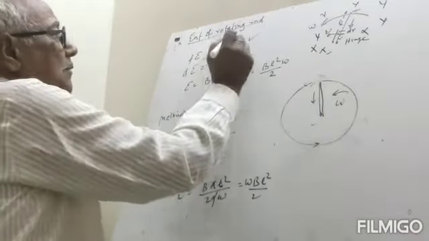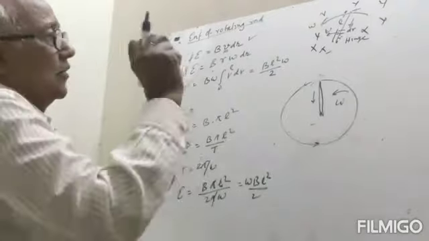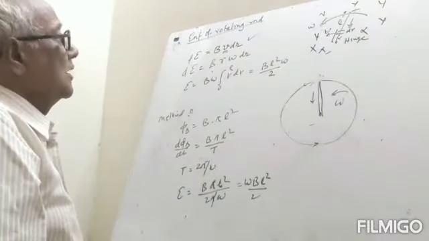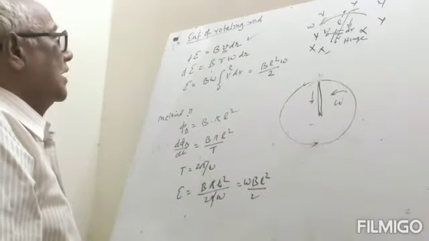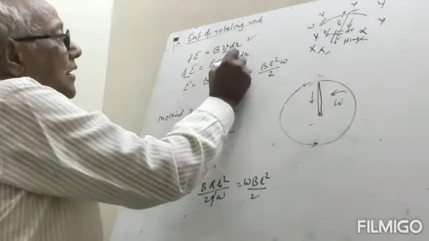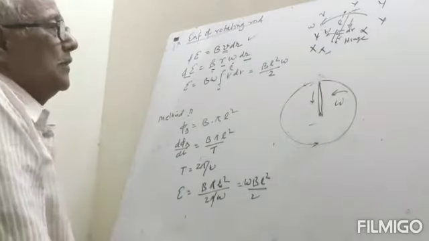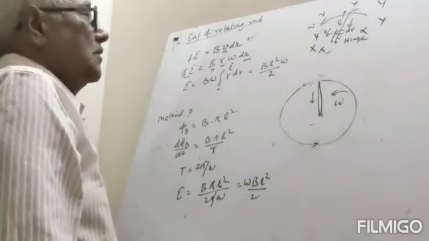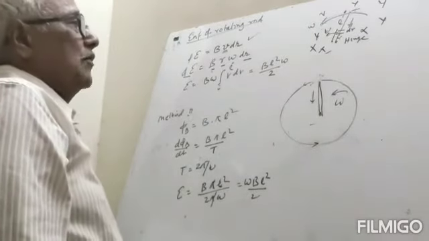So the velocity of this element will be equal to r omega. So dE will be equal to B into r omega into dr. So this will be the small motional EMF across dr.